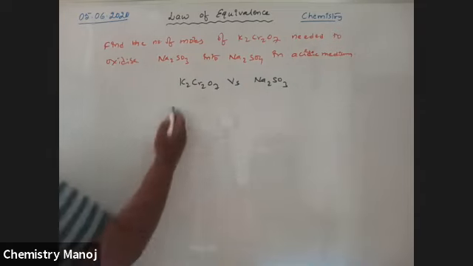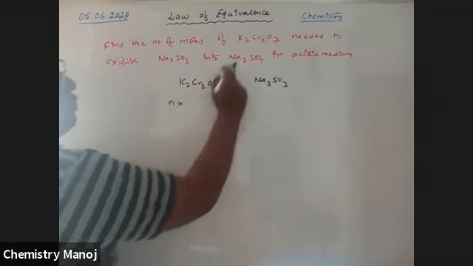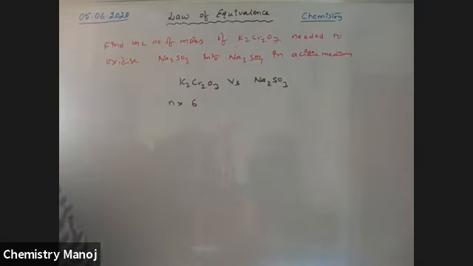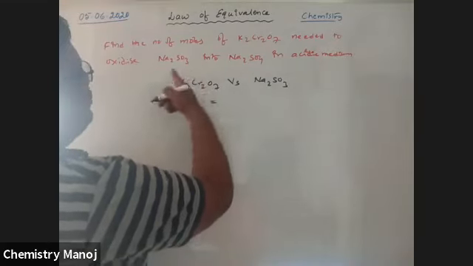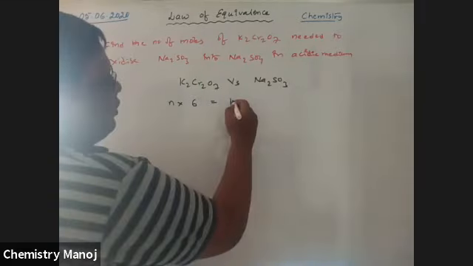Now, how many moles of K2Cr2O7 are required? That is N into N factor for K2Cr2O7 in acidic medium. N factor is 6, completed the day before yesterday. That is needed to oxidize 1 mole only. So we don't give the number of moles, let it be 1 mole.